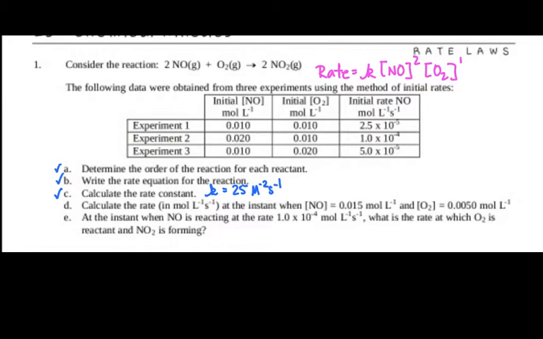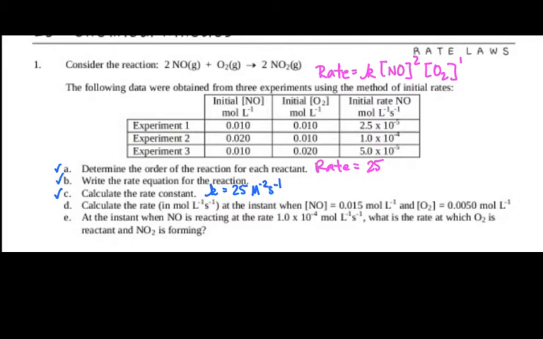So this will be the value we substitute into this rate law expression for this particular problem. So I'm going to take my rate, and that's what we're going to solve for. Okay, we're going to solve for this rate. Is going to equal, alright, K in this case is 25, and I'm going to leave my units out, and I'm going to explain why in just a minute.